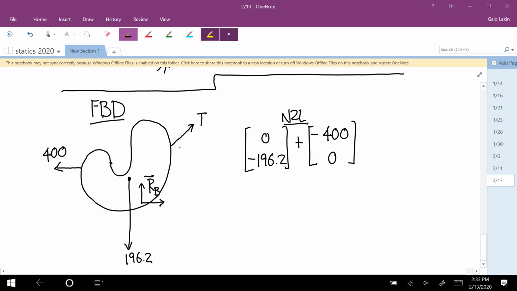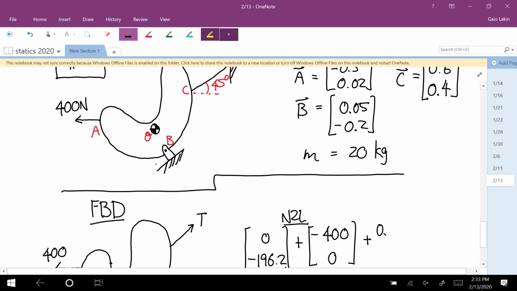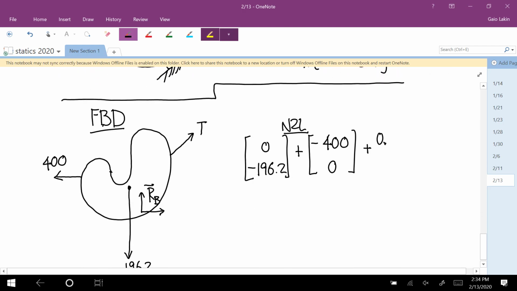The cable force, going from the positive x-axis to that vector, is just positive 45, so that's cosine and sine of 45 times T. I just called it B because I called that point B. Okay, so this is 0.7071 T.